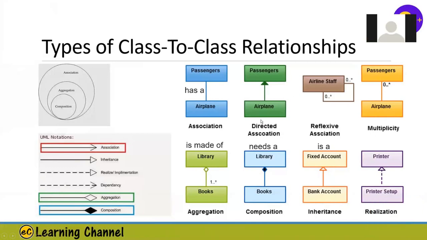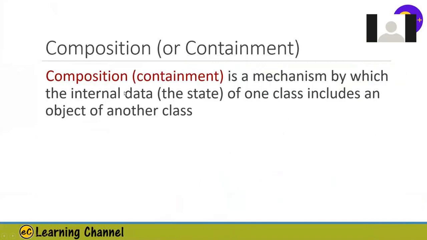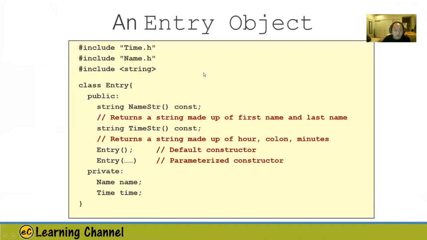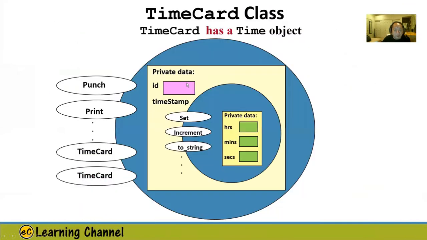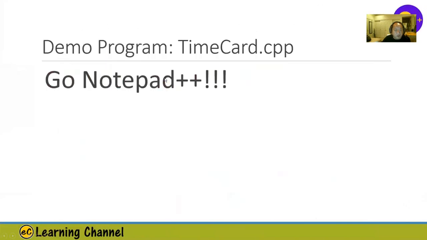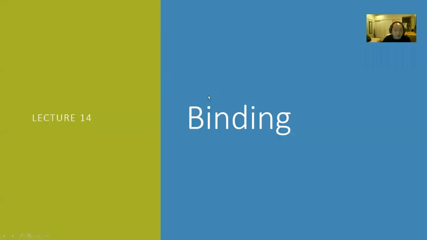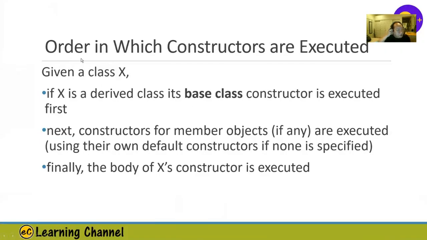Other than that, it's all a has-a relationship. So composition or containment is where I have something. A string has a character array. That's composition, so that part is fine. We just pass it. Time card is okay because we already finished those different things. They are sample code you can download to run. So here we just focus on our sample class.